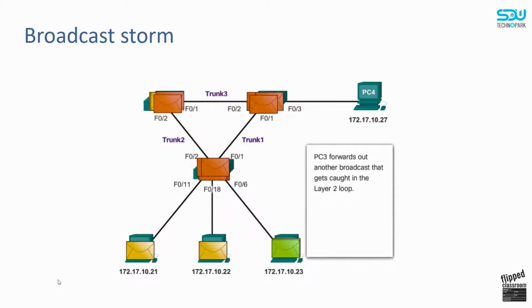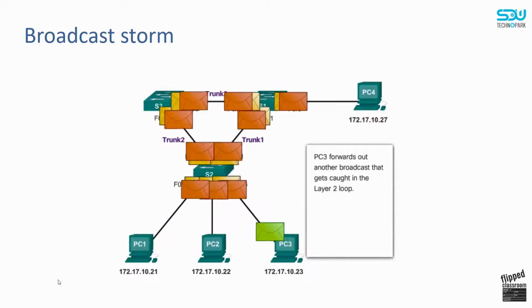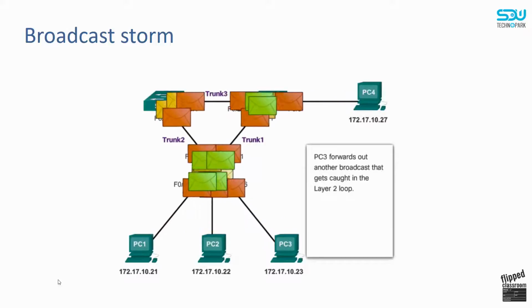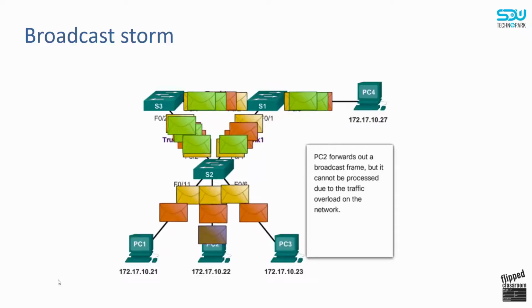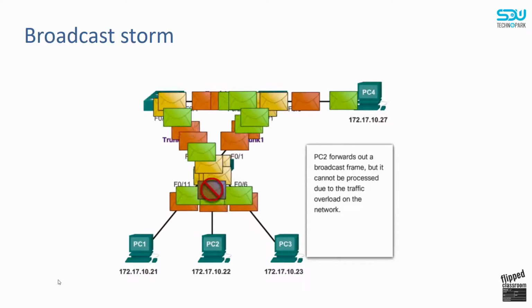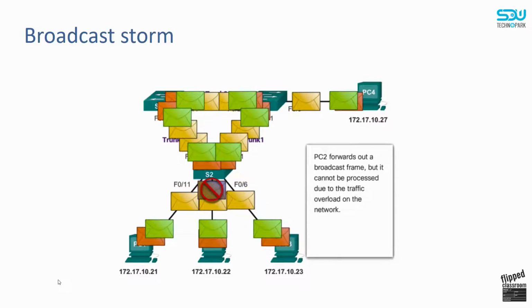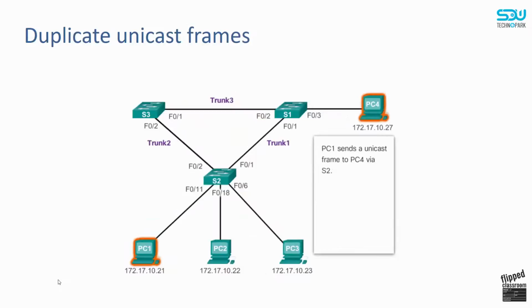We don't have an element which protects against an endless loop in layer 2, like in layer 3 it was the TTL, and as a result our network will be damaged fully, and we will not be able to communicate through the network. So this is another issue when you are using redundancy in your network.